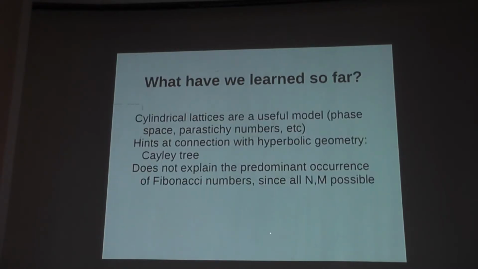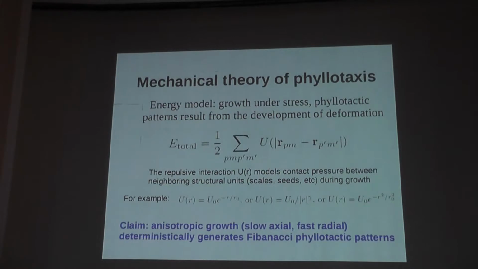But that clearly follows just from the appearance of these objects. But the bad news is that it doesn't explain why Fibonacci numbers are special. So then we get the physics part.